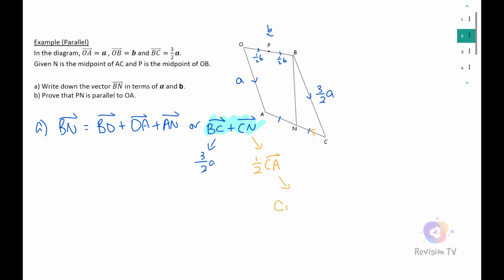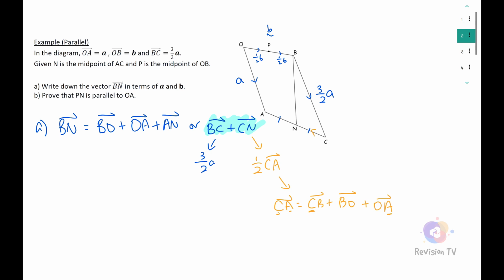So what's CA then? CA, I can make a route from C to A. Well, how? C to B, B to O, and O to A. So CA equals C to B plus B to O plus O to A, starting from C, finishing at A. So what's CB?